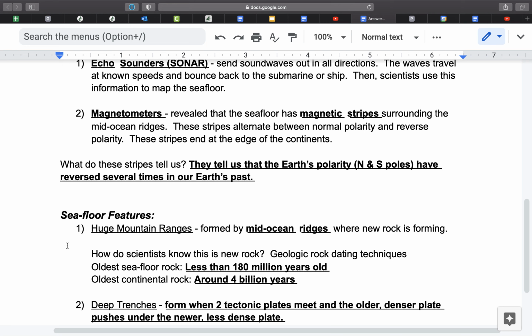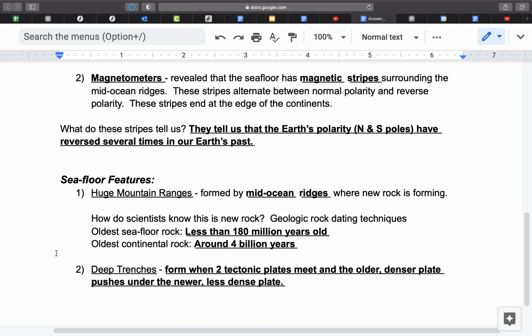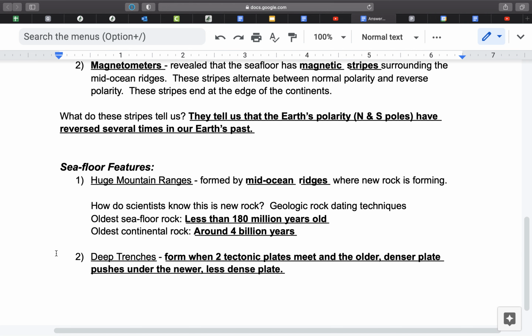Some features that you find near seafloor spreading or divergent undersea boundary areas. You find these huge underwater mountain ranges that we call mid-ocean ridges, and these are areas at divergent boundaries where rock will form on either side of that divergent boundary.